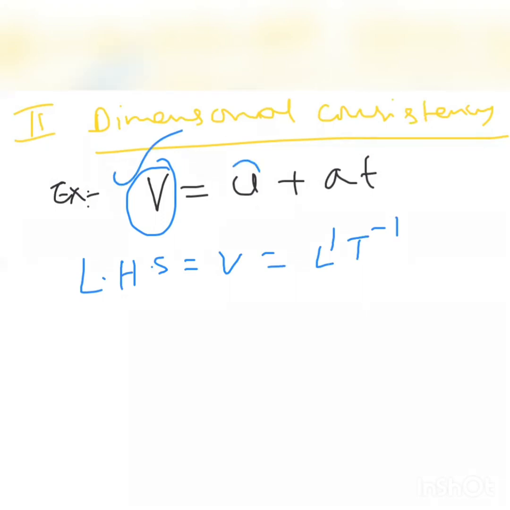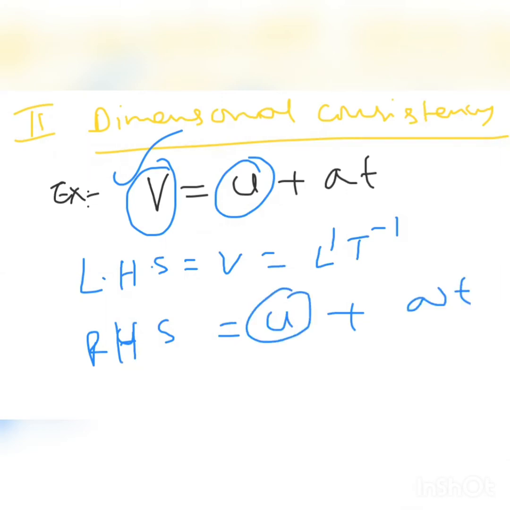What about U? U is also velocity. In the RHS we have U plus AT. U is also velocity, so its dimensional formula is L1 T power minus 1. Take care here with AT. What is the dimensional formula of A?